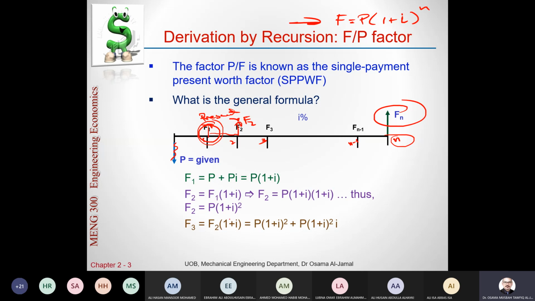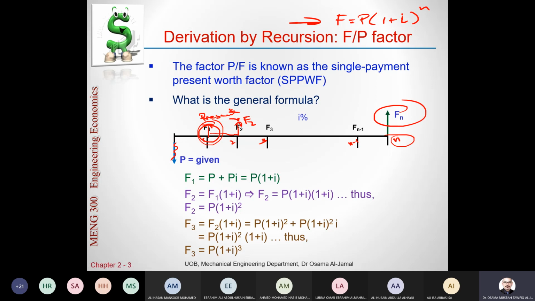What do we have for F2? P (1 plus I) squared. So F3 will equal P multiplied by (1 plus I) to the power 3.